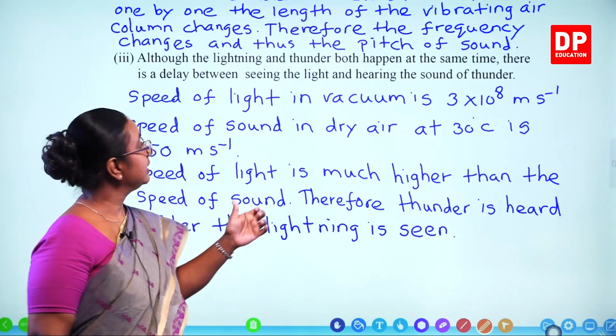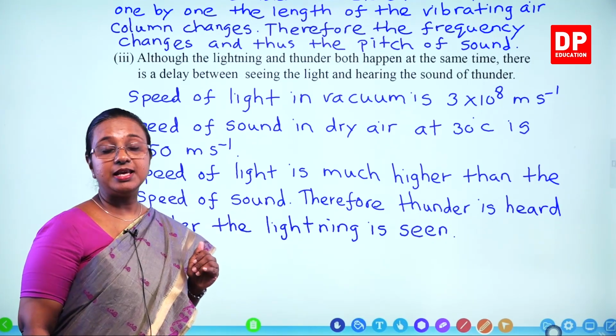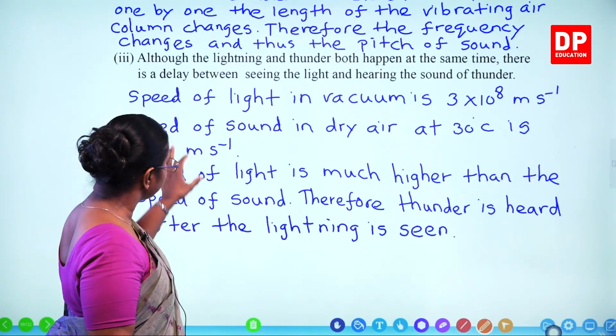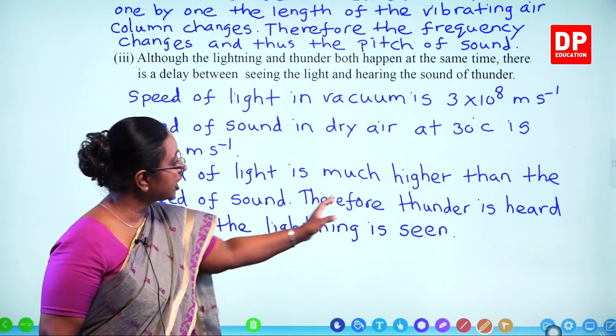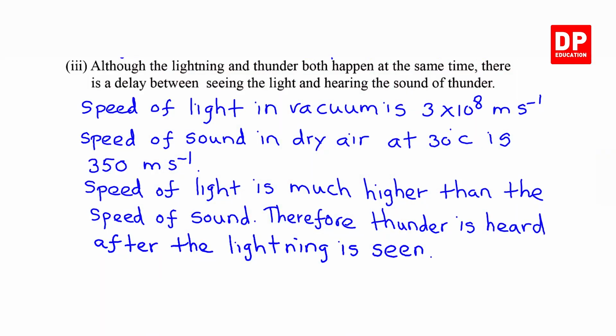So here in this answer, since we are explaining it scientifically, the most important part is where you explain the speed. You have to say speed of light is very much greater than speed of sound.